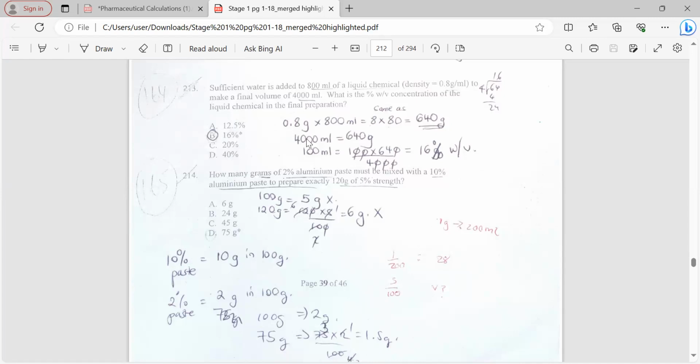So 800 ml of that liquid chemical was added to make 4,000 ml. So 800 ml is in 4,000 ml. For 100 ml, because we want to do percentage concentration. Percentage concentration is always in 100. So for 100 ml, there will be how many ml of that liquid chemical?